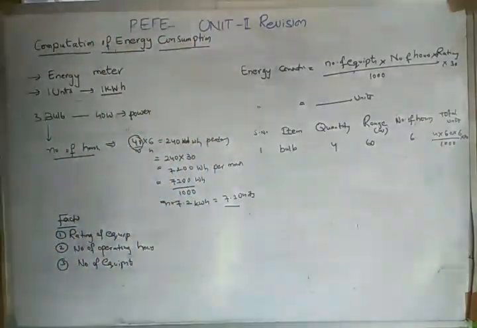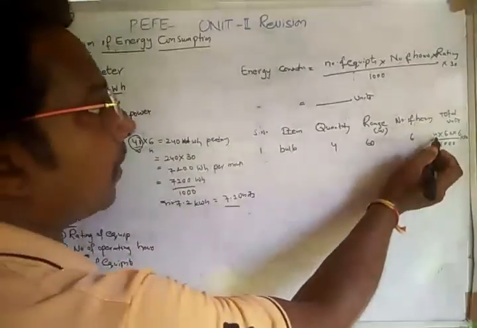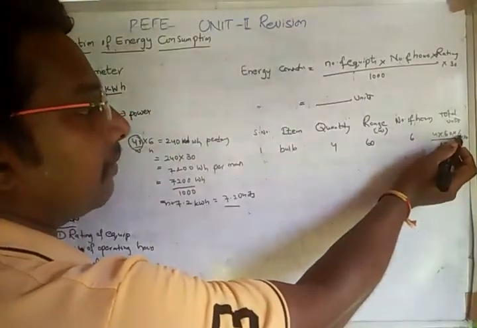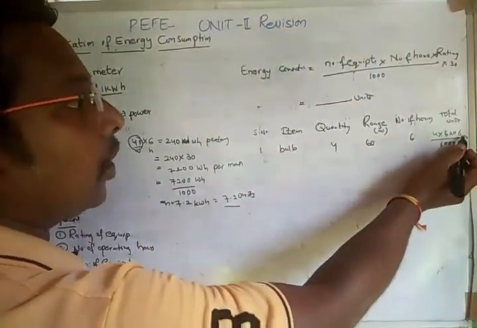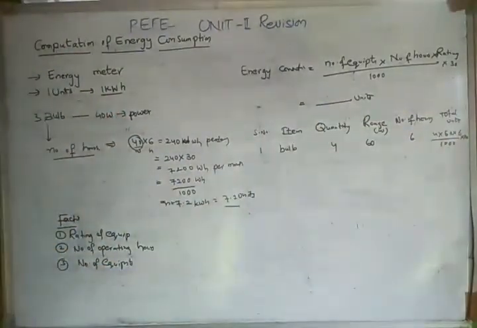So the number of equipment, the hours of operation, and the rating by 1000 into 30 give the energy consumption of the bulbs per month, because we multiplied with 30.